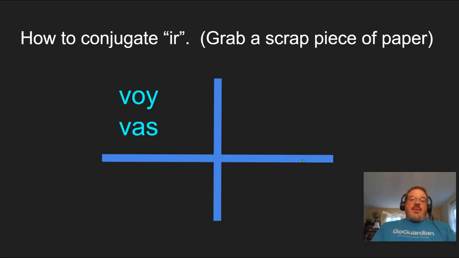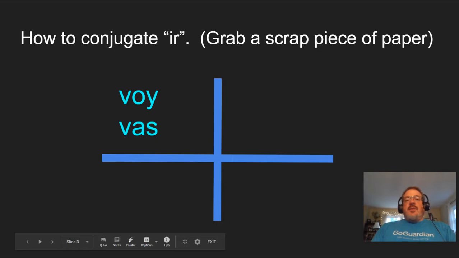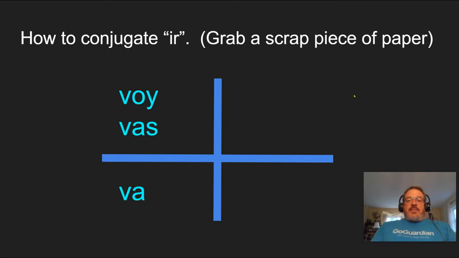All right. So down here in the lower left, if I'm going to say he goes, she goes, or usted goes, how would I say that? Va. How about the nosotros form? Nosotros vamos. Vosotros vais.